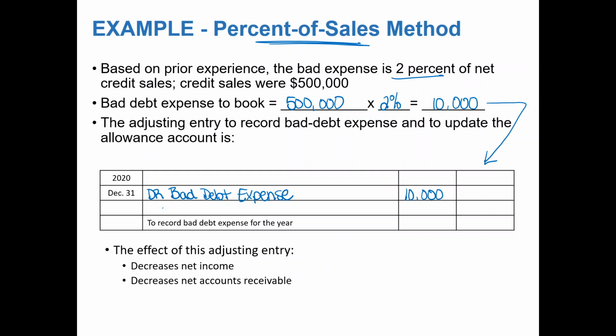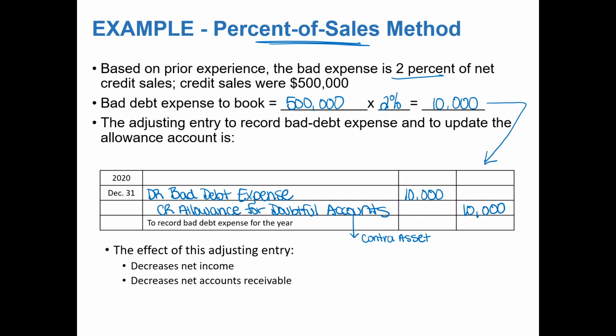And our credit goes to the allowance for doubtful accounts. So since this is just an estimate, we're using this contra account. So remember, this is the contra asset. So we don't right now decrease AR because this is just an estimate. We don't know that specific customer.